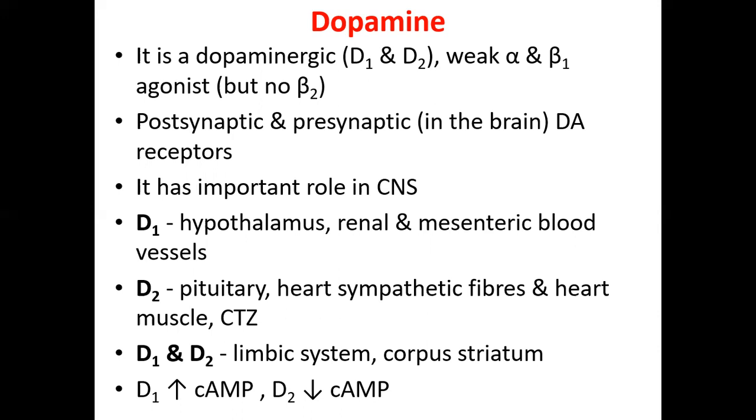So dopamine mainly acts on D1 and D2, and it has weak action on alpha 1, with less action on beta 2. These are present postsynaptically and presynaptically and have an important role in the CNS.